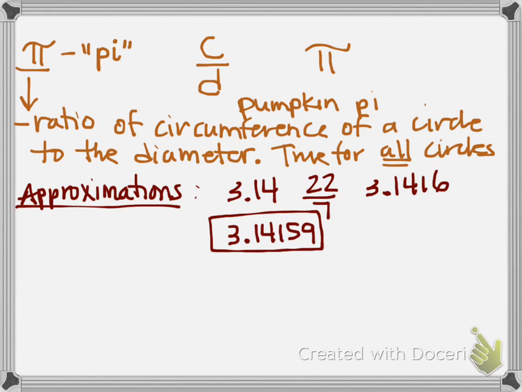Okay? And then let's see. So here's the problem though. When I multiply by 3.14, by 22/7, by 3.1416, and 3.14159, I'm actually estimating all my answers. So multiplying by these approximations results in a rounded answer.